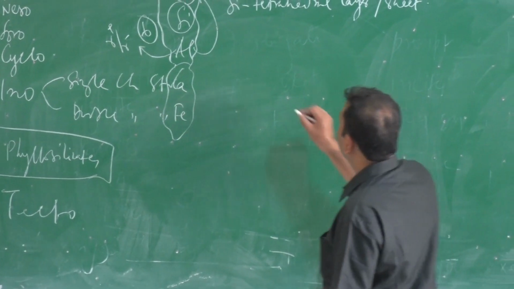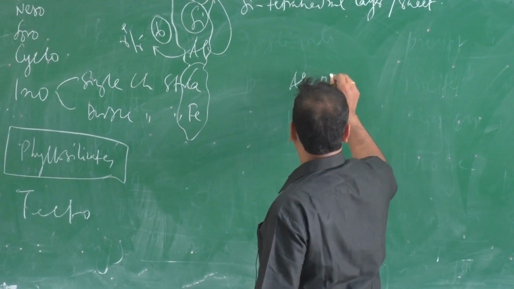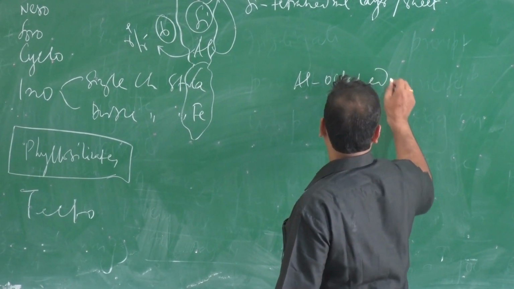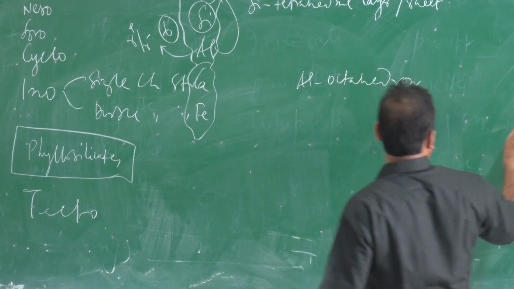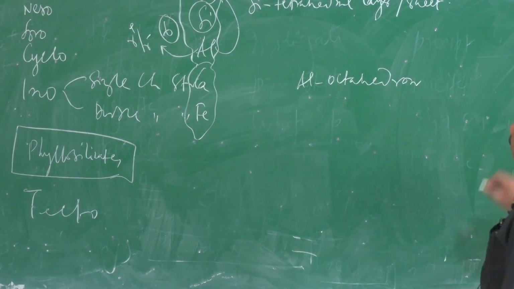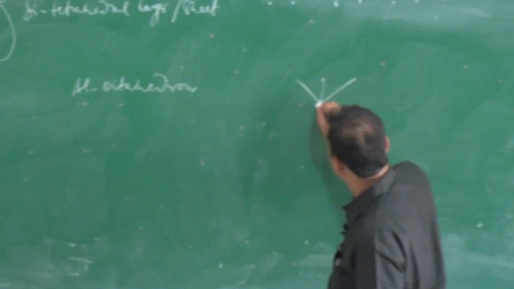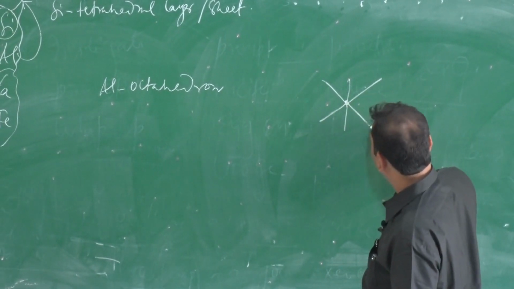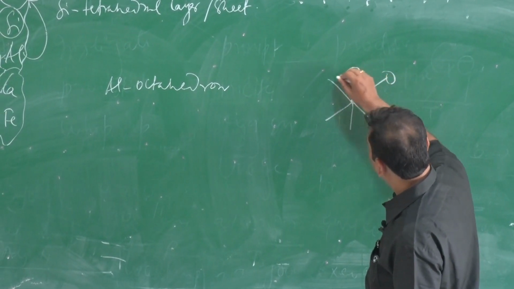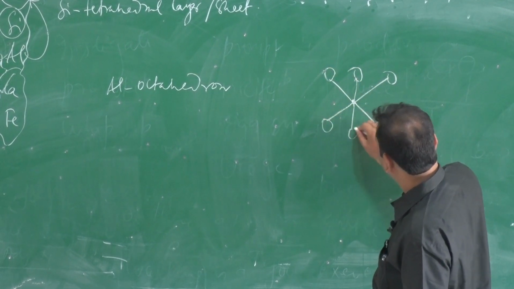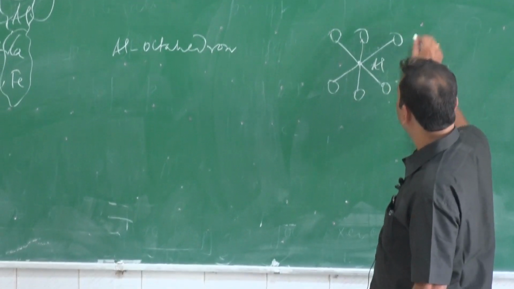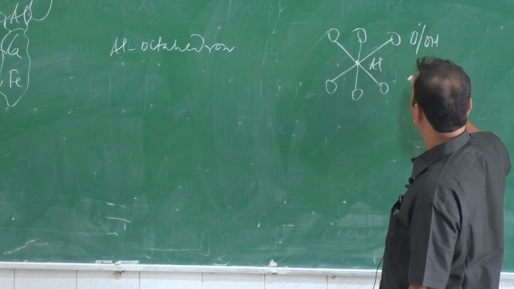So alumina will be the octahedron. And so one central aluminum ion will be surrounded by 6. Okay, so this is aluminum, this is either oxygen or hydroxyl.